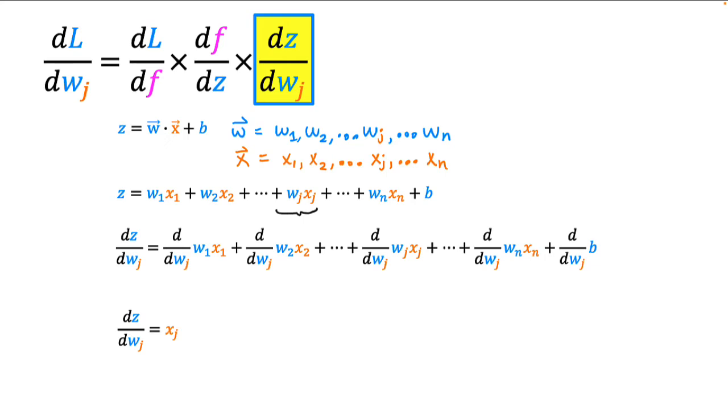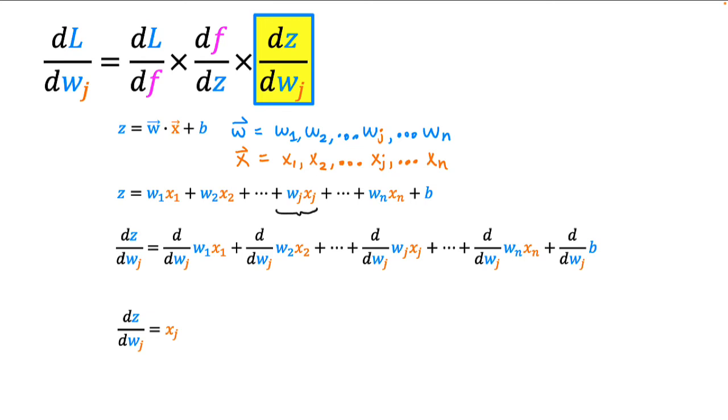Now when we take the derivative of z with respect to wj, what we actually do is take the derivative of each of these individual terms. So derivative of w1x1 with respect to wj, and derivative of w2x2 with respect to wj, and so forth.